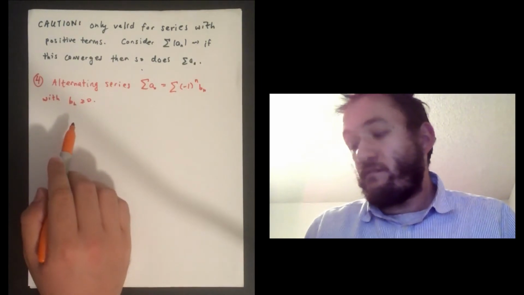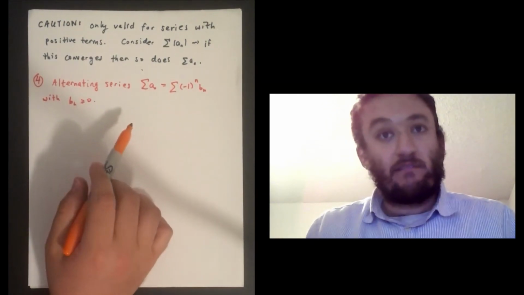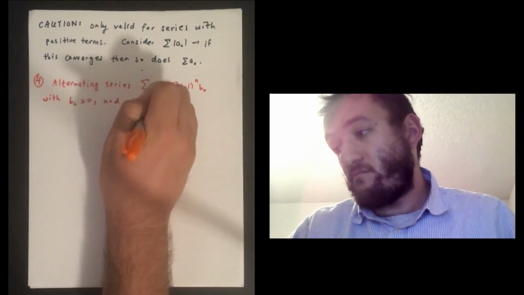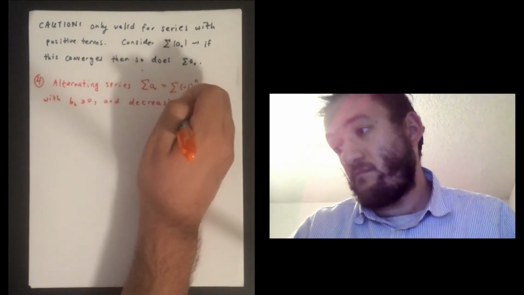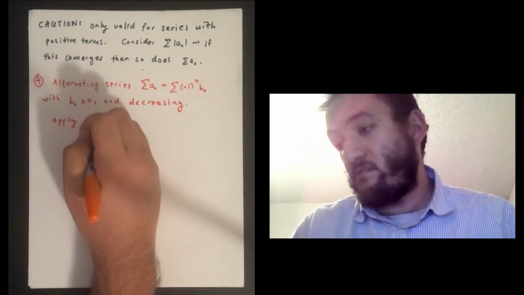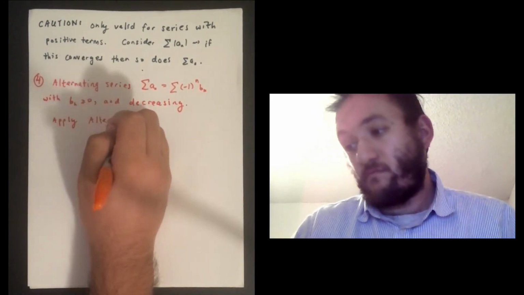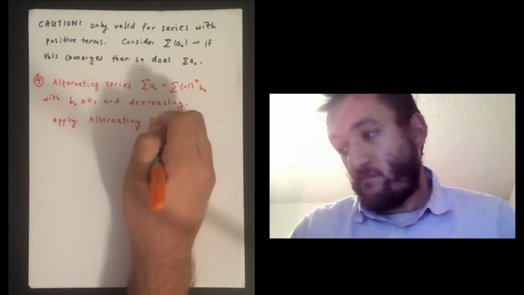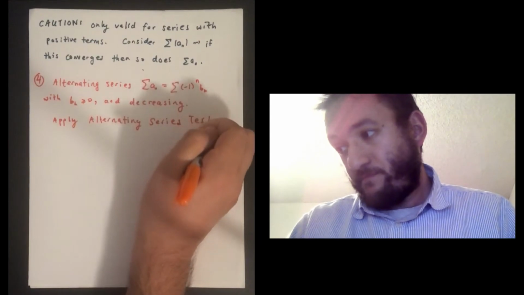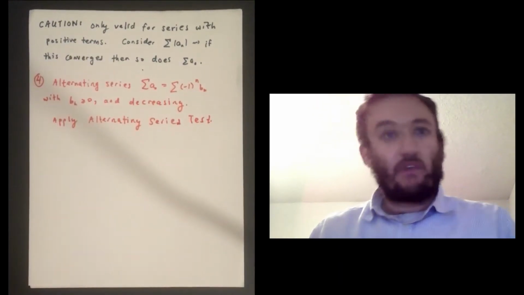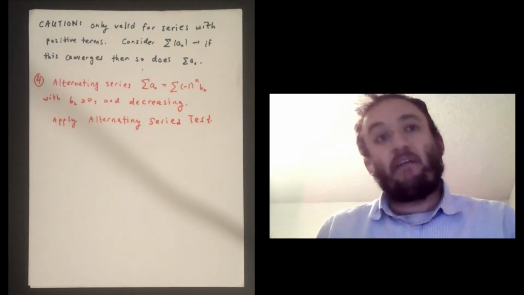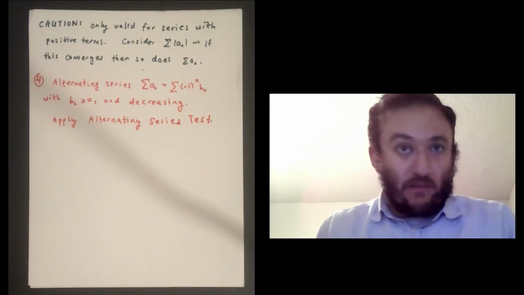Then, assuming of course that this is a decreasing sequence, then you can apply the alternating series test. Okay, and with the alternating series test, you check that it's decreasing and that the limit is 0, and then you're home free.